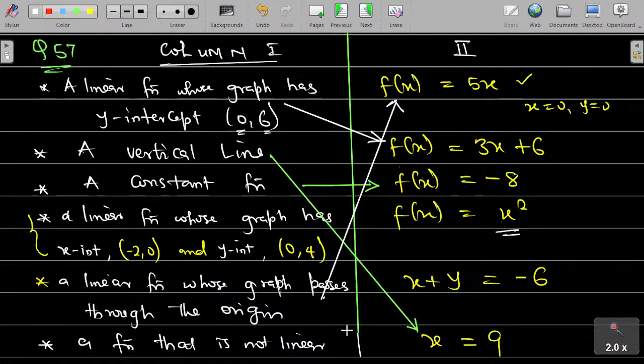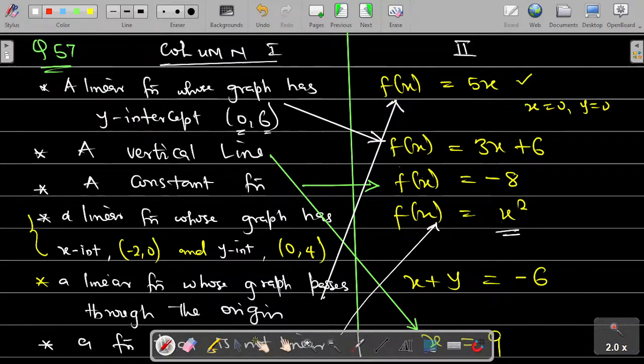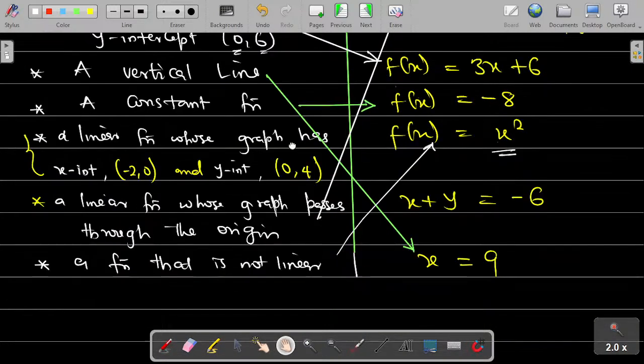That is the one you will match them. So you discover that only one of the functions on column 1 does not have a match in our column 2. And so we move over to number 58.